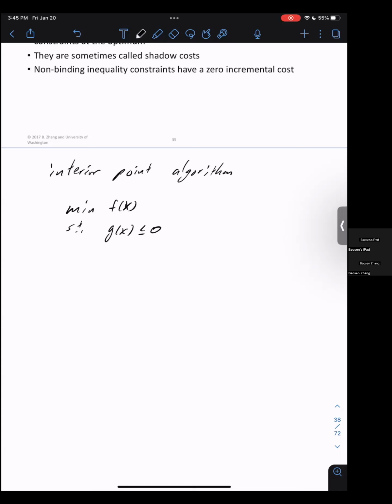Because what the Lagrangian says is, you have the Lagrangian as f plus mu g of x, but the Lagrangian still has constraints. Namely, this thing has to be greater than 0. This has to equal 0. So how do you eliminate both of these? The Lagrangian says mu has to be greater than 0, g of x has to be less than 0.